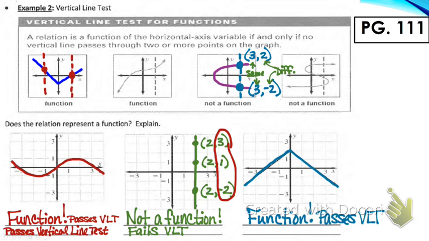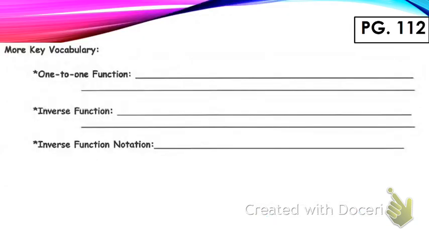Now that we've talked about what it is to be a function and whether or not something is a function, we're going to grow our understanding of this, and we're going to talk about a special type of function. It's called a one-to-one function. Kind of like if I was going to talk about an animal that you've never heard of.